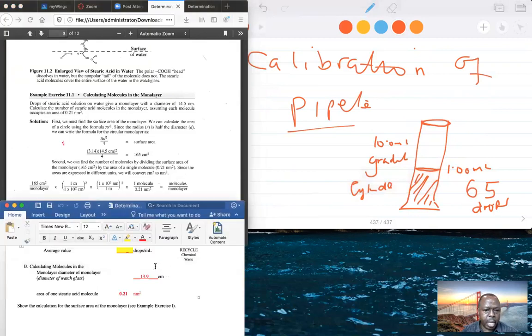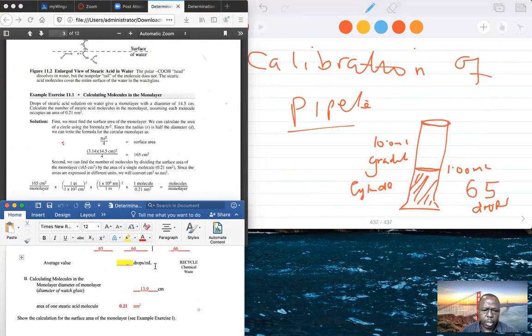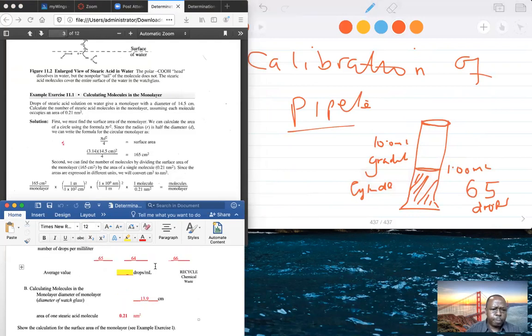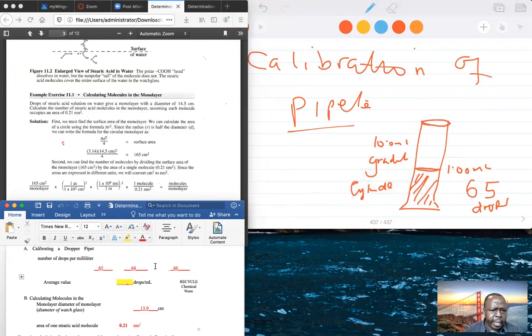We will come back to A here. Let me just show you. Look at the data sheet here. What we had to do in A is calibrating the pipette. Calibrating the pipette is to know how many drops make 1 ml.